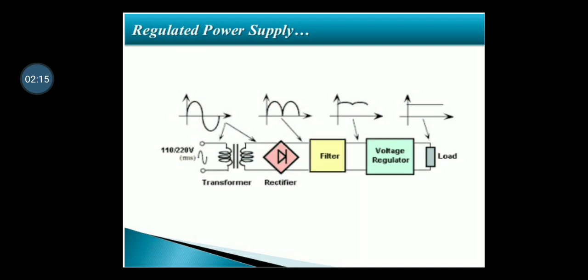The DC is filtered, where filtering removes the noise and other harmonics present in the wave, and then by the use of the voltage regulator it is maintained constant and given to the load.